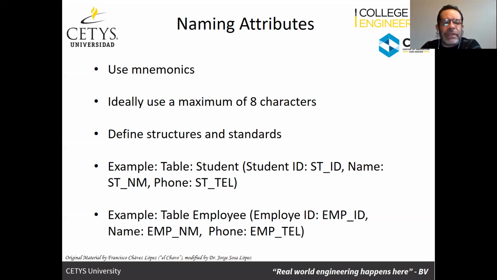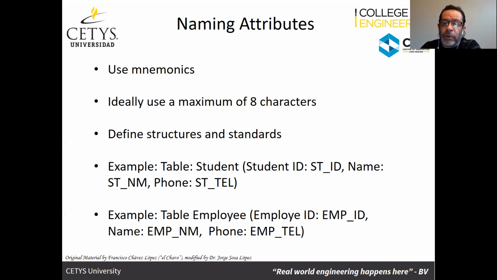So for example, we have the table student. Then we've got the student ID. We're going to call that STID, the name STNM, the phone STTEL. So we're starting with ST, that means student, underscore, and then the specific characteristics of the attribute. And you notice that there's a structure there for naming the attributes.